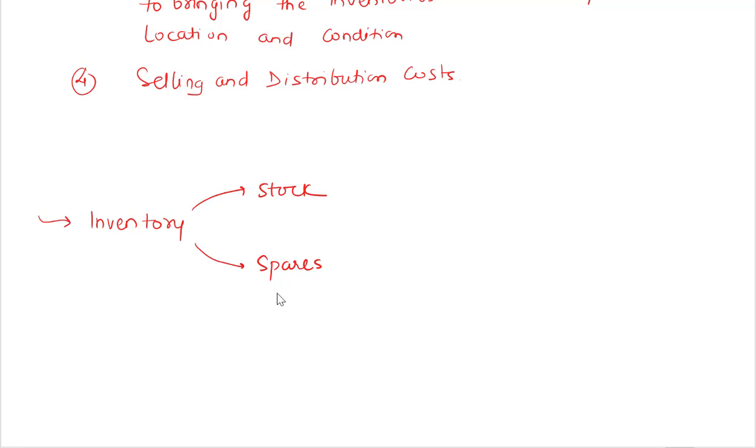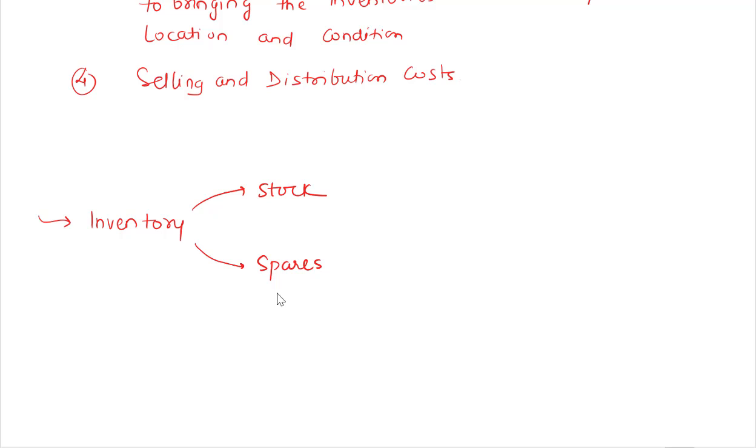In case of spares, if these spares can be used with only a particular machine, in that case this is not an inventory; it should be capitalized as a part of that machine, that is a non-current asset. But if this spare could be used with any machine, in that case it would be valued as inventory.